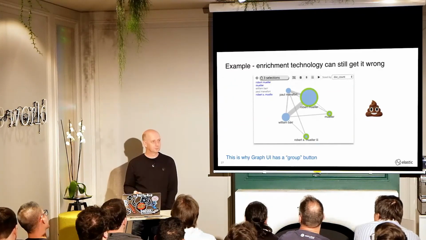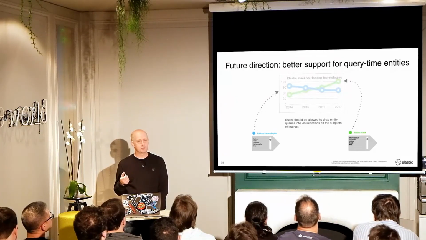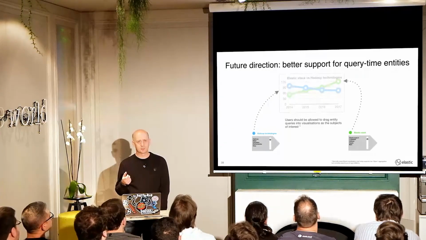That's a start, but I think we can go a lot further than that, to be honest. So in future, I think we're going to start putting more effort and emphasis into what we call query time entities. If I can group things together and say A or B or C are actually one thing, then that should be something that I can use as the subject of my analysis.